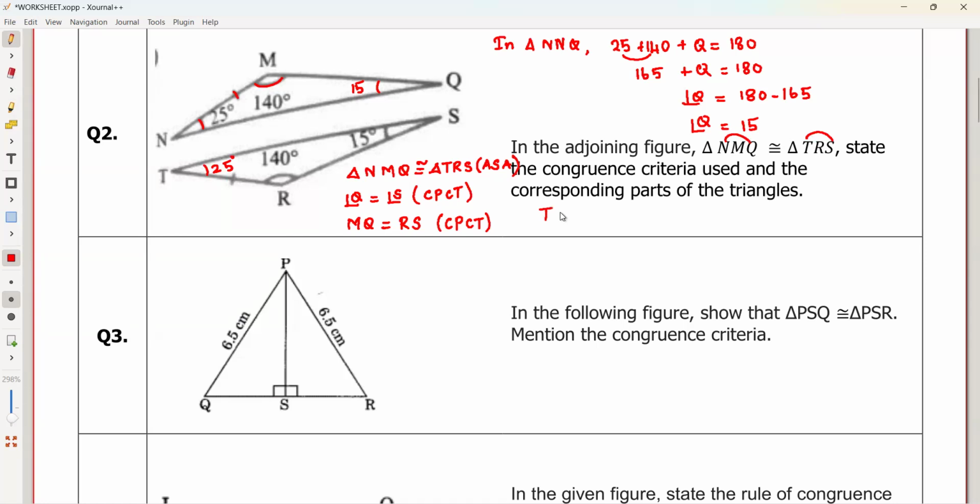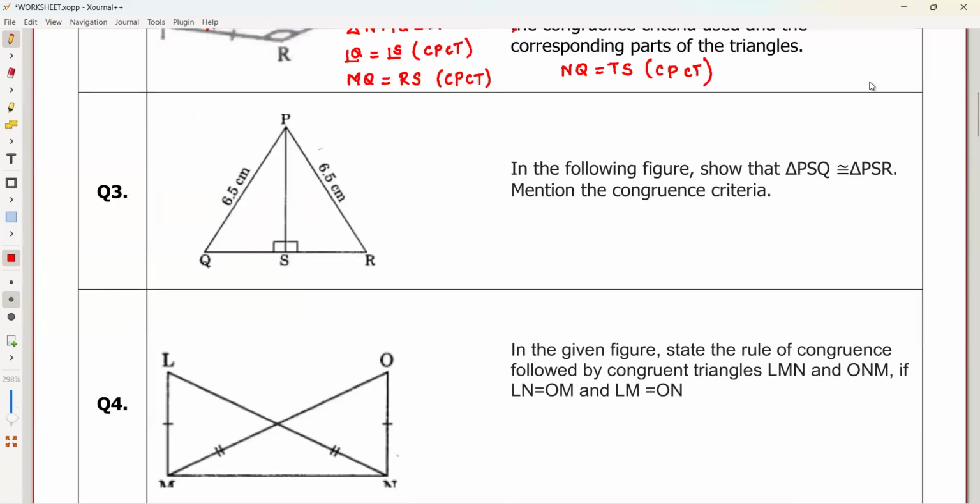First we are taking this triangle only, so we can write NQ is equal to TS. This is also based on CPCT. Three conditions were already given, so we are taking the remaining three conditions.